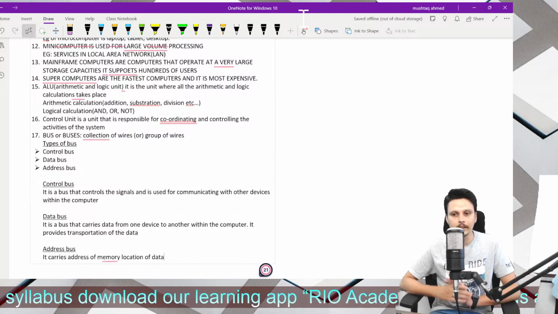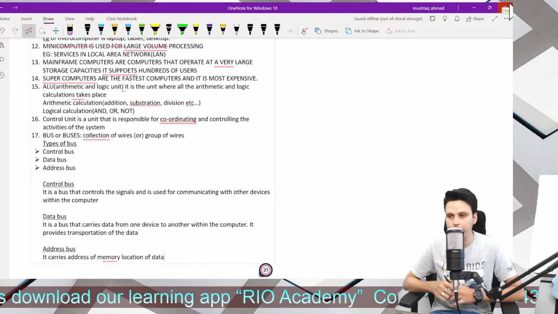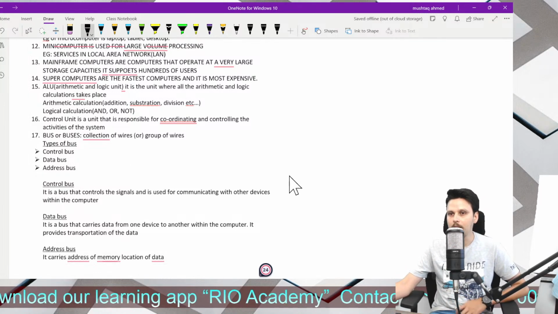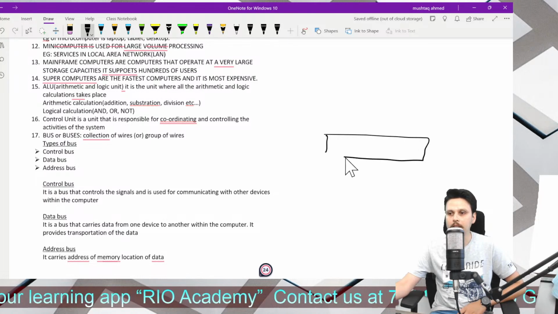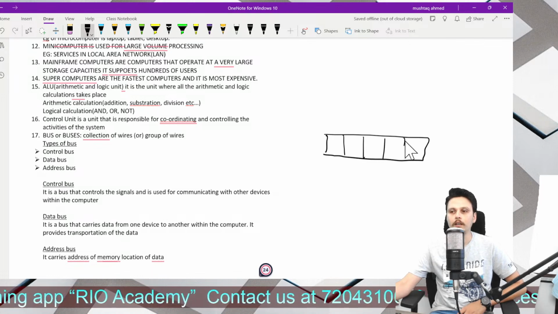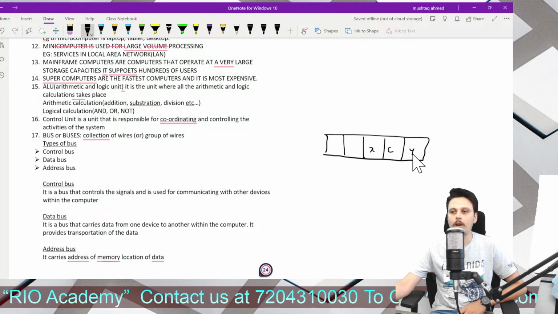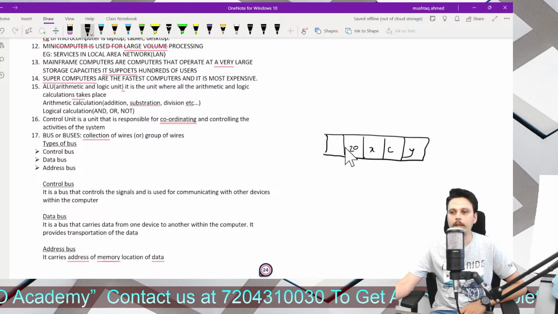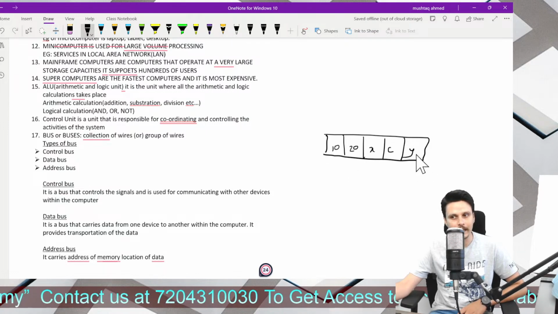So what do you mean by address of memory? Suppose think that memory is in this structure. Memory is in this structure. 20, 10, all of this data is stored.